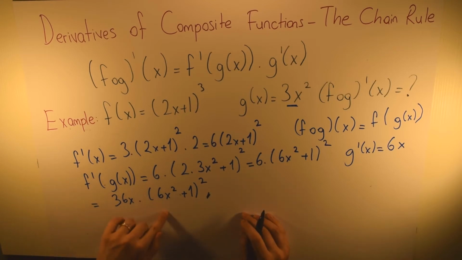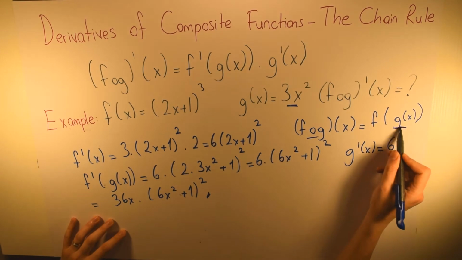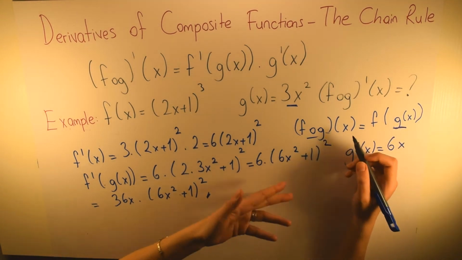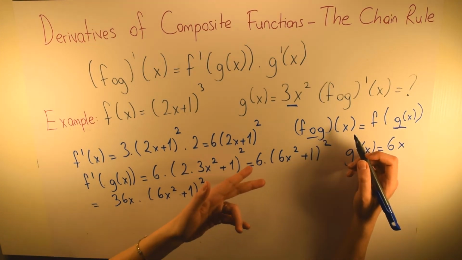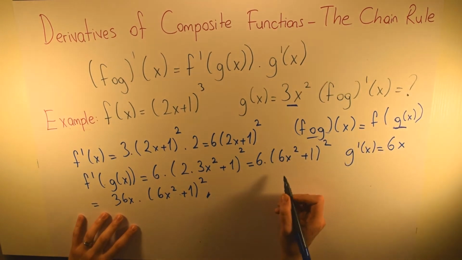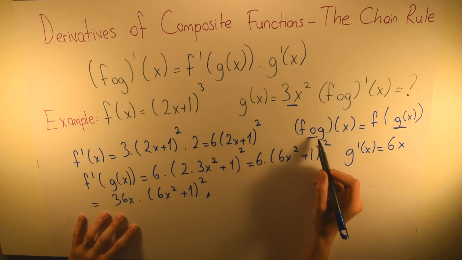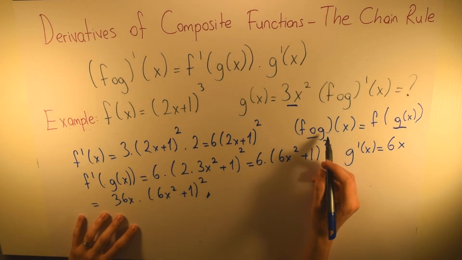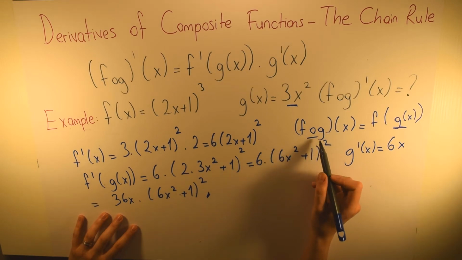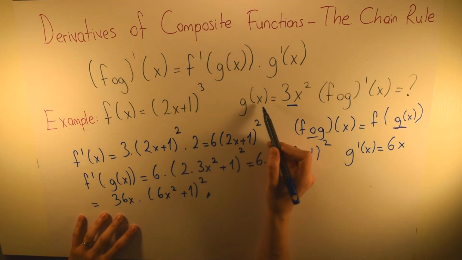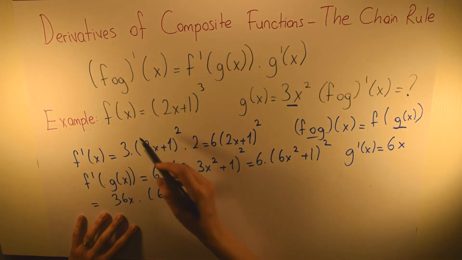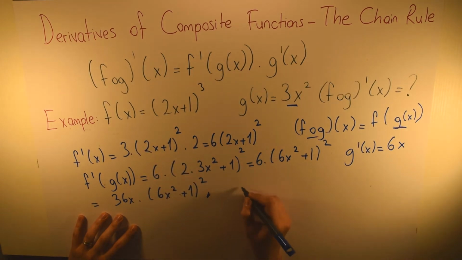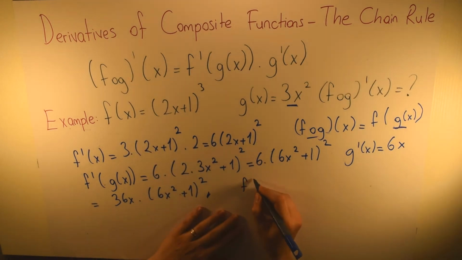You can use this way, or you can first find f of g of x and then take its derivative. You will get the same result. So let's do that. To find the value of f of g of x, instead of x I put g of x in this f function.